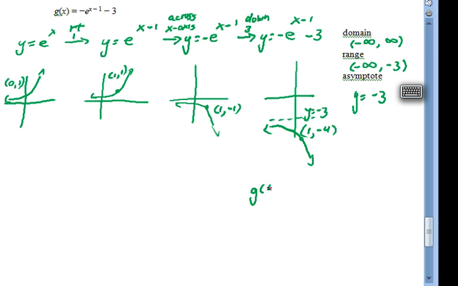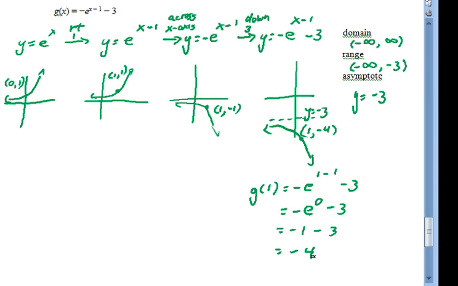So g of 1 would be equal to the opposite of e to the 1 minus 1, minus 3, which would be the opposite of e to the 0, minus 3, which would be negative 1 minus 3, which in fact does give us negative 4. So in the complicated ones, it's kind of good to check.